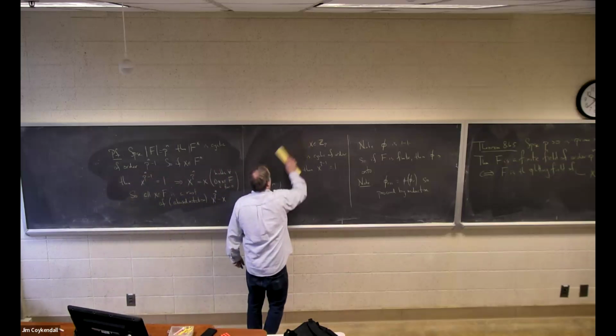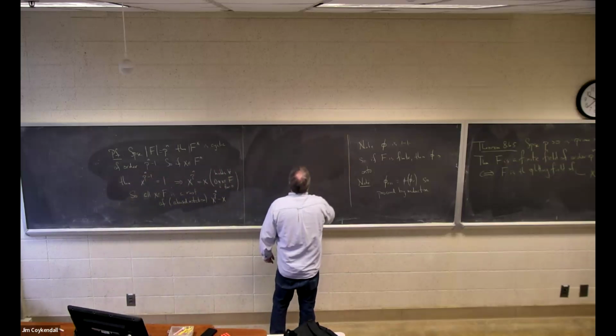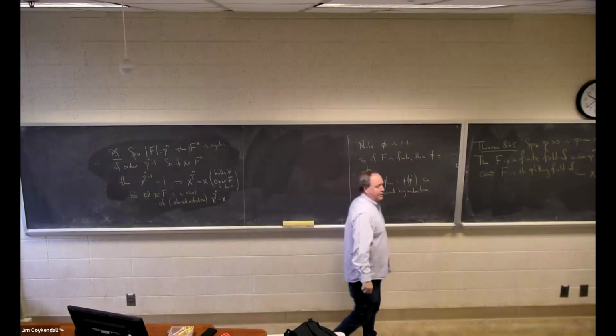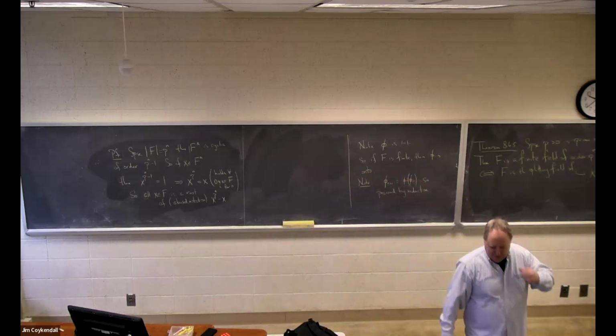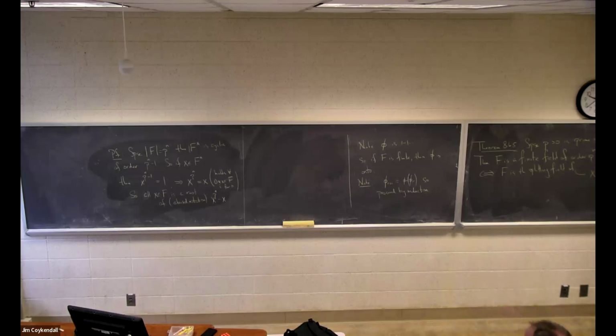Now, here's the potential problem. How do I know it's the splitting field of this, right? Because what do I know? I know that every element of this field of p to the n elements is a root of that polynomial, right?